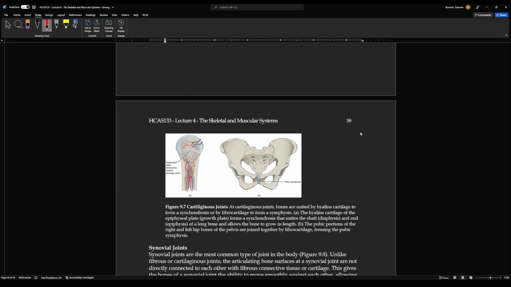If that did not move, the fetus would have to either be smaller, or we would essentially be breaking bone or rupturing ligaments and other connective tissue structures just to give birth.